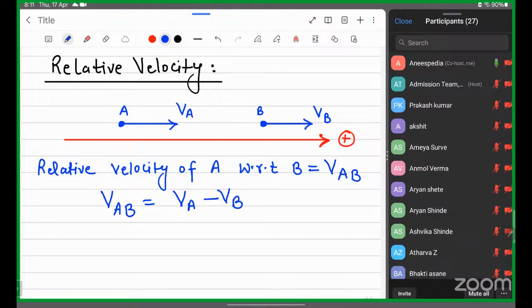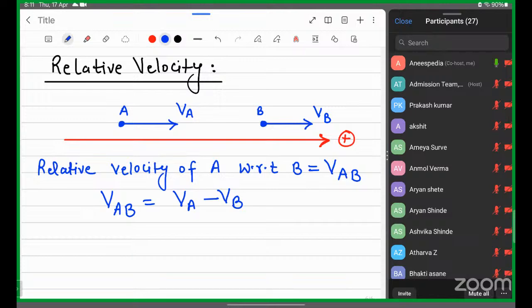The concept is, if you want to find out relative velocity of one object with respect to another object, then stop the object with respect to which you are calculating the relative velocity. Reverse its velocity and give it to the other object for which you want to find out relative velocity.